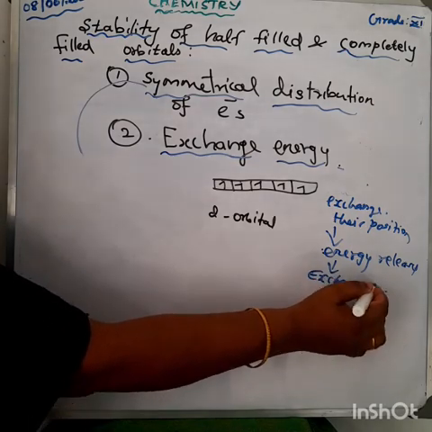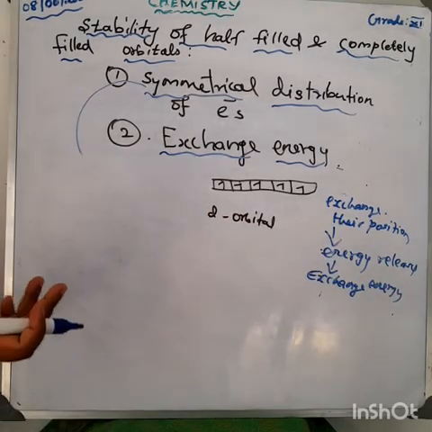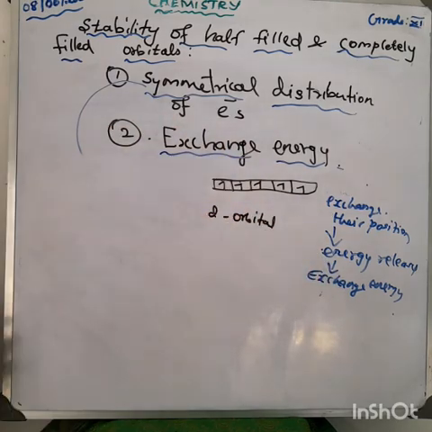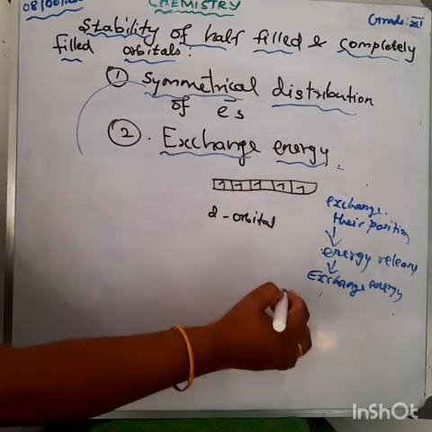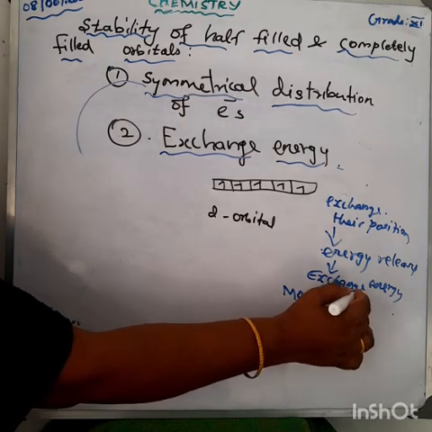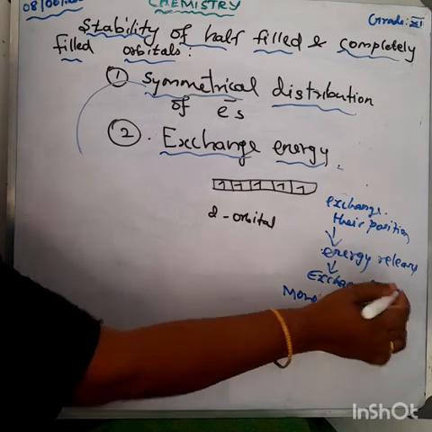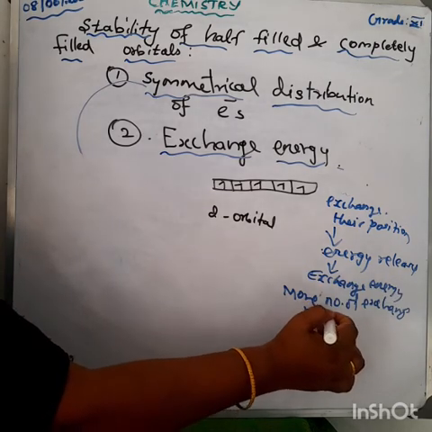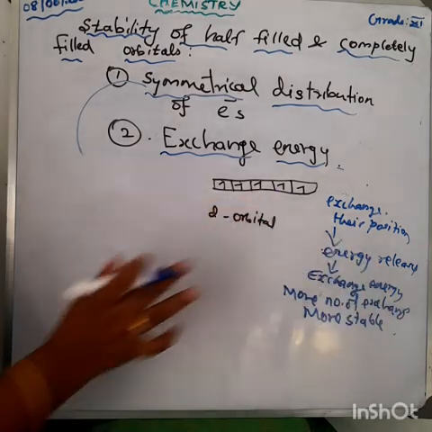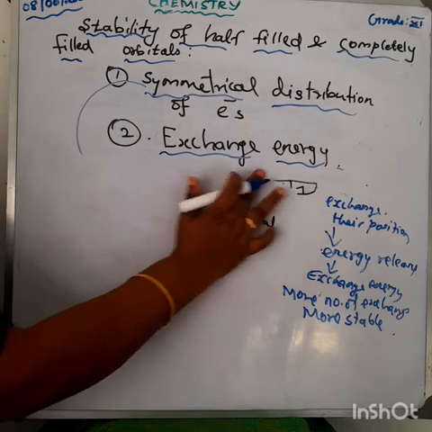If more exchanges are possible, more energy is released. Which orbitals have the higher exchange energy are more stable than those with lower exchange energy.